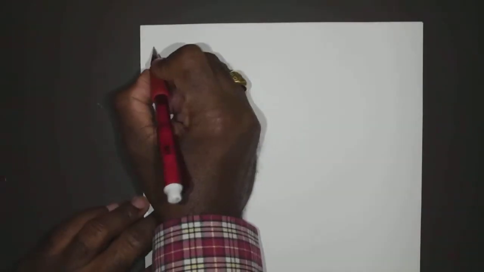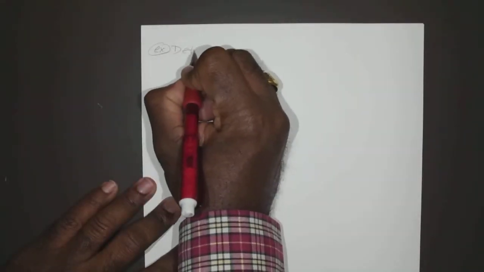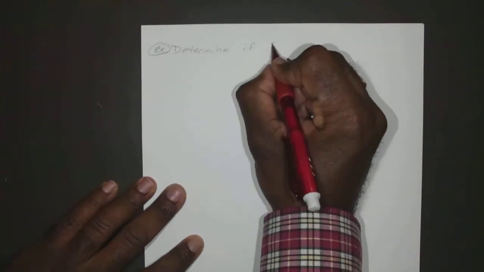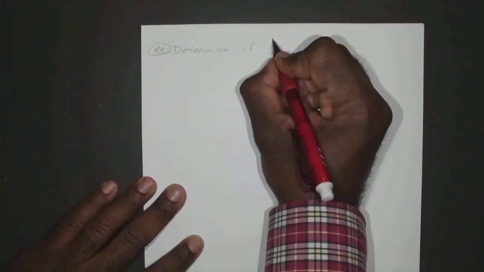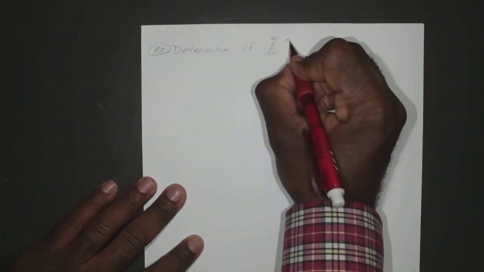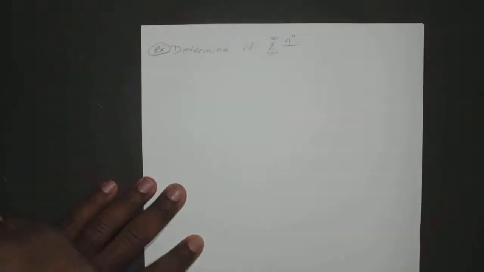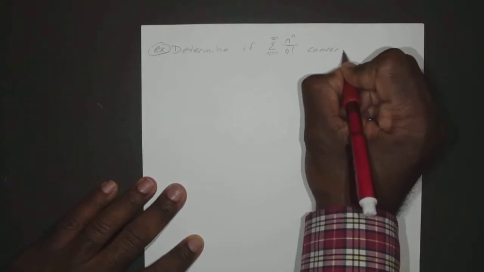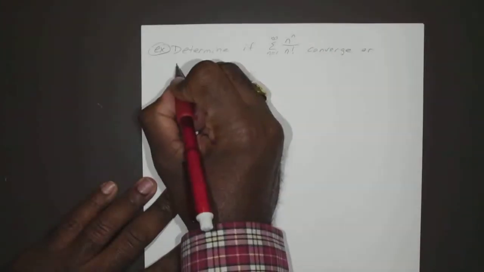So let's say we want to determine if the sum from n equals 1 to infinity of n to the nth power over n factorial converges or diverges.